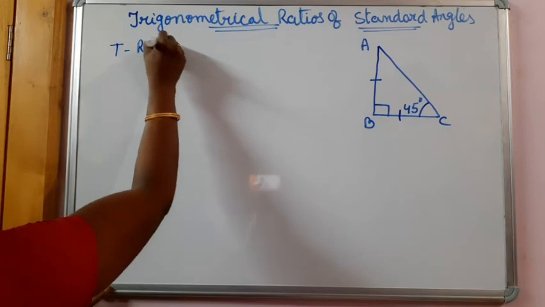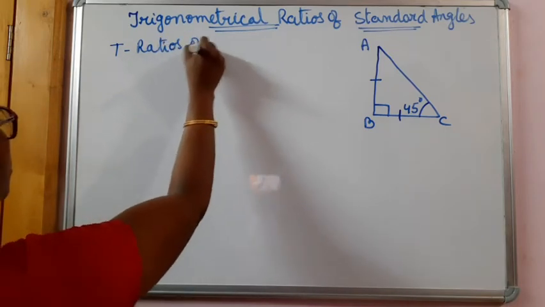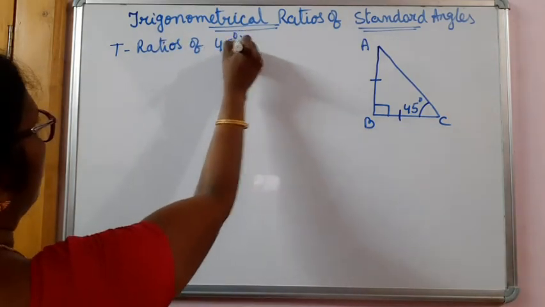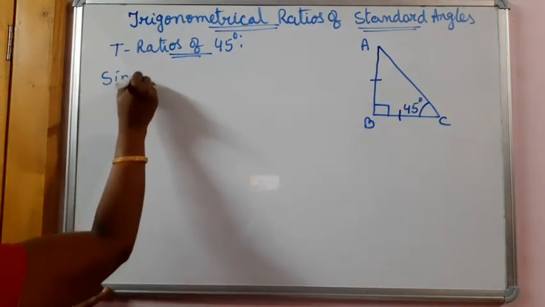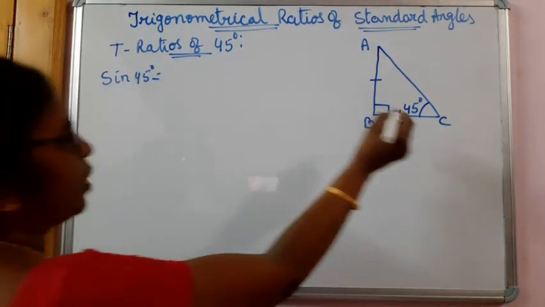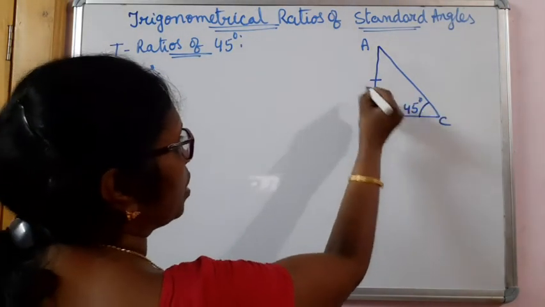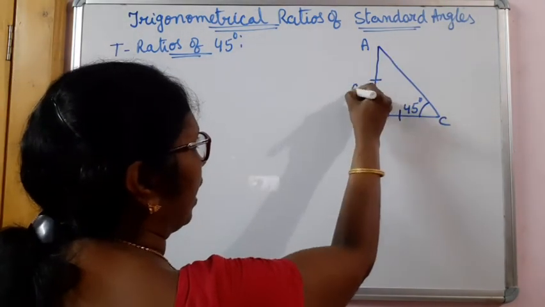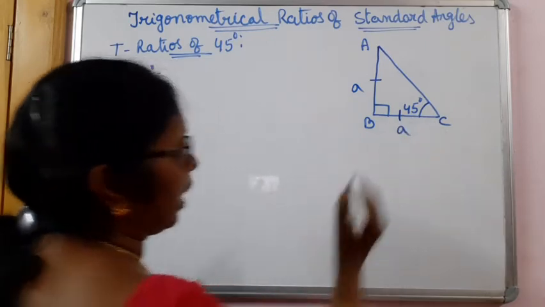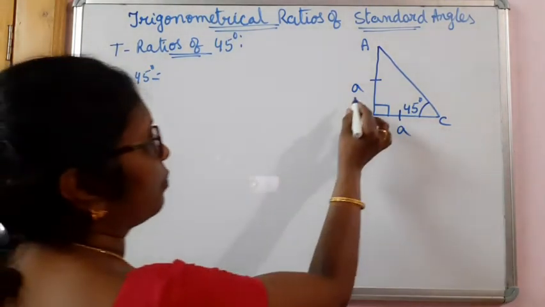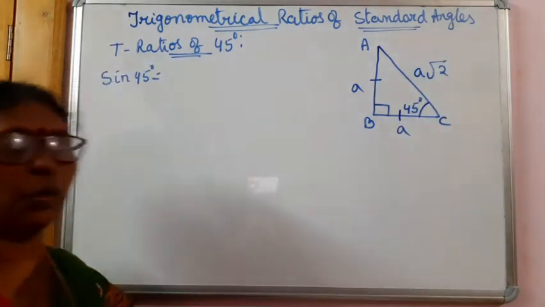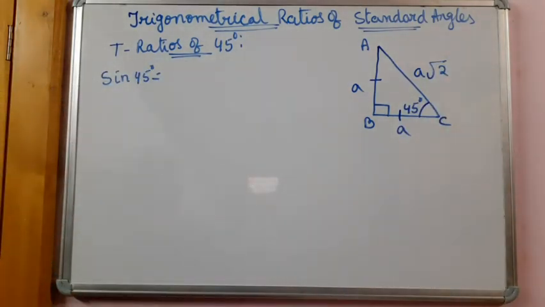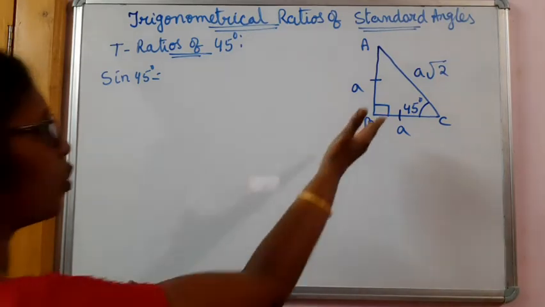T ratios of 45 degree I will do and show you. Sin 45 degree is equal to, we know that suppose this is A, BC is also A. And we know that if two sides are A, hypotenuse will be A root 2, or root 2 A. That already we know.